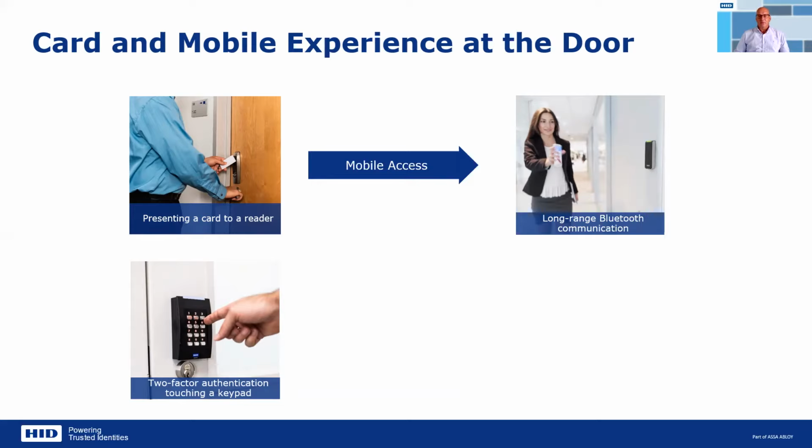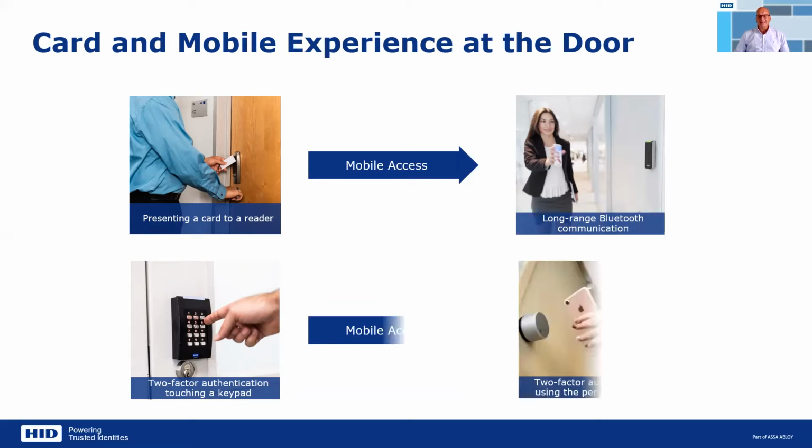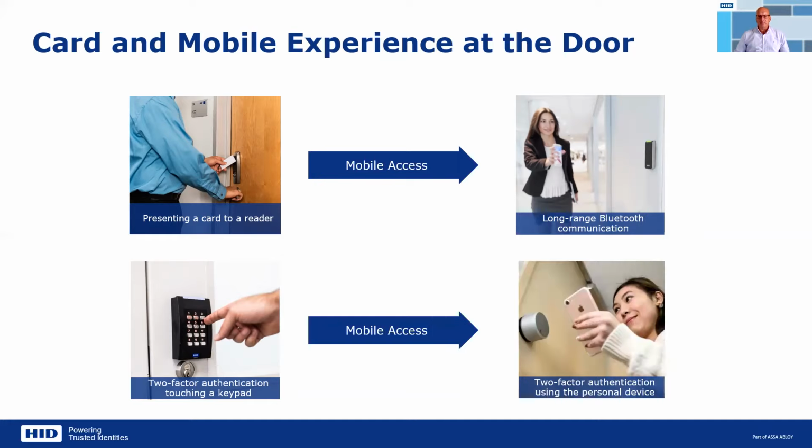For two-factor authentication, instead of using your card and touching the pins on the keypad, you can use two-factor authentication directly on your personal smartphones, utilizing the built-in phone authentication feature like a face recognition, fingerprint recognition, or simply typing the PIN.